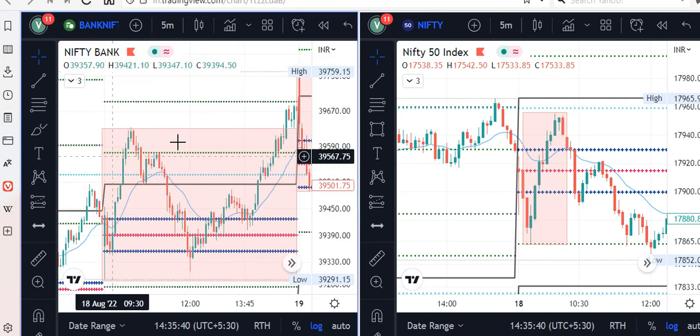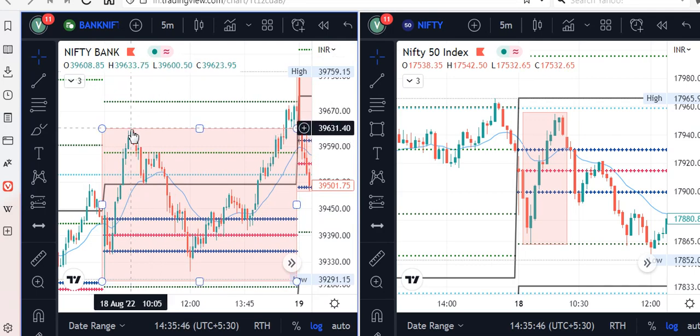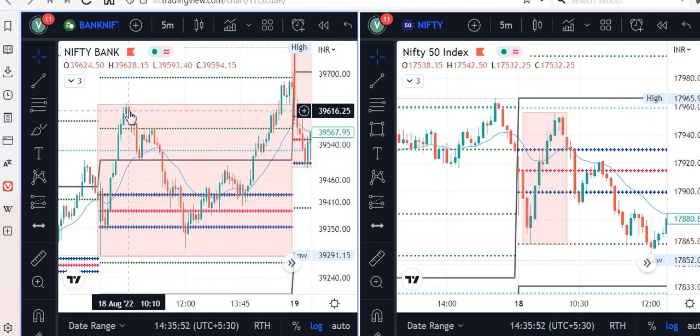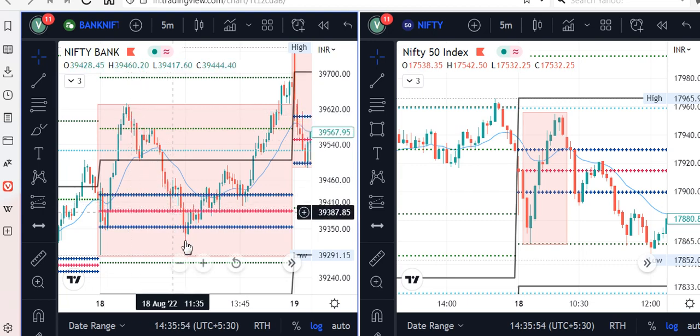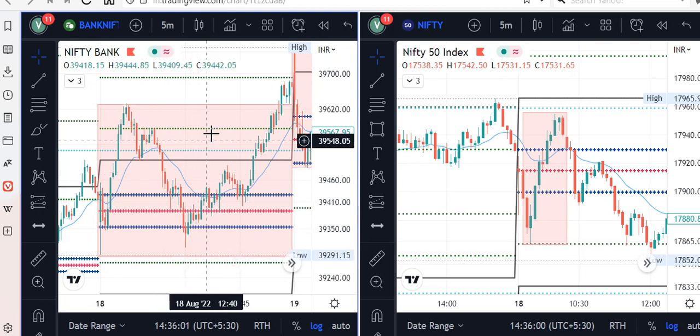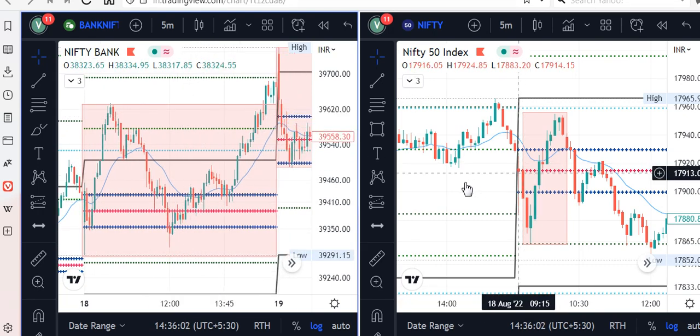observing different factors, you can take the trade here, because here the initial balance has rejected and this red candle has confirmed the move. If you take the trade like this, you have to wait till it reaches the other side of the initial balance, the low of the initial balance. Then you can take your target. Let's see here also.